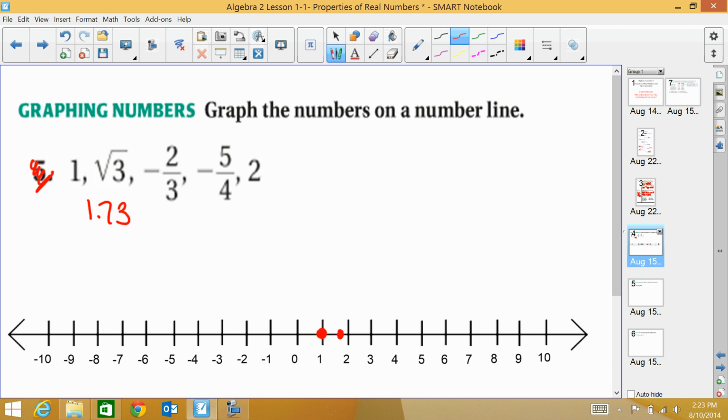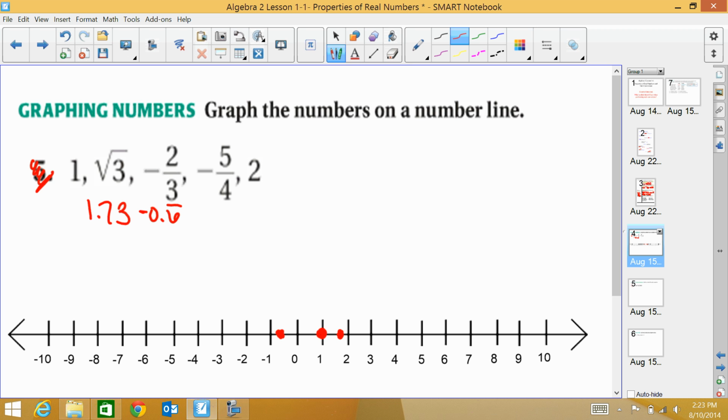Then we have negative 2/3. Now you can convert that to a decimal as well, or you can just note it's between negative 1 and 0, and so you could just put it 2/3 of the way between negative 1 and 0. But if you wanted to convert that to a decimal, you can take negative 2 divided by 3, and you get negative 0.6 repeating, so you can put that on there.